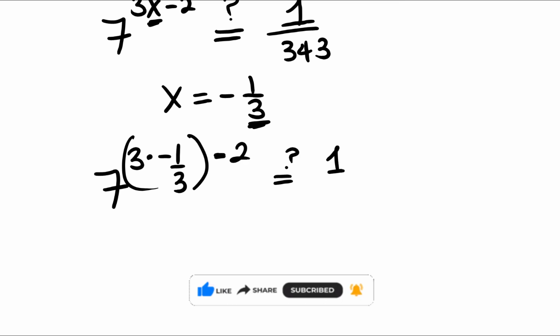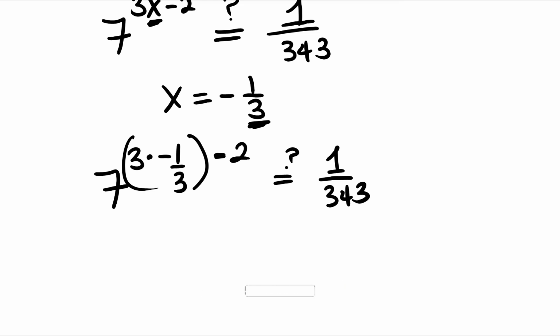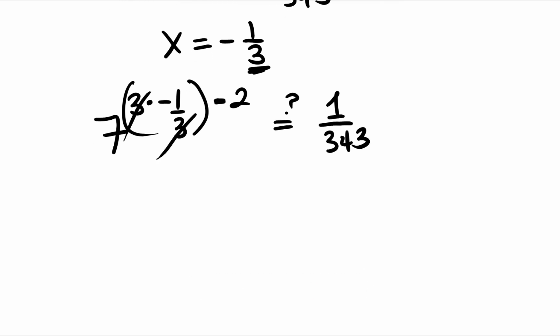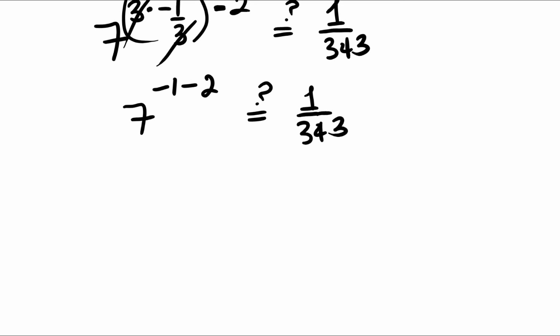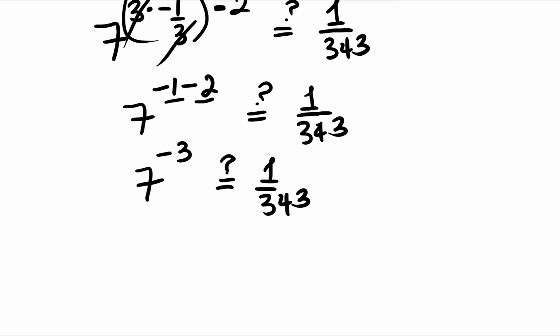Let's see if that's going to be equal to 1 over 343. That cancels. So we have 7 raised to power minus 1 minus 2, and minus 1 minus 2 is minus 3. So we have 7 raised to power minus 3.